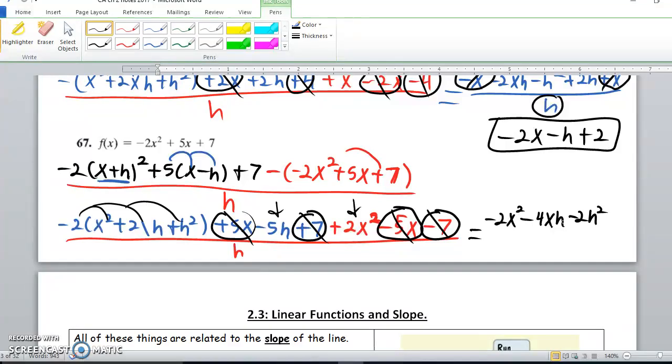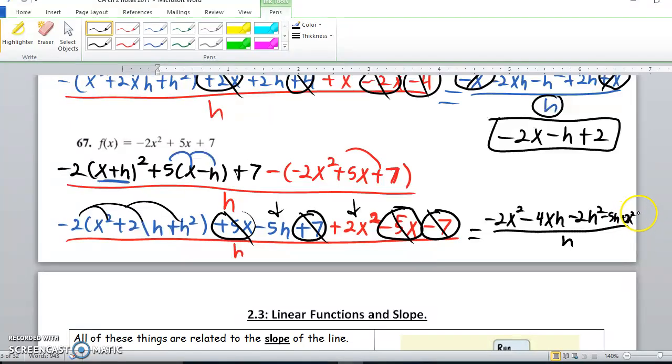Okay, and then those parts that were not eliminated: minus 5h and then plus 2x squared, all divided by h. It's kind of hard to see, but that should be a 2x squared right there, that last part.